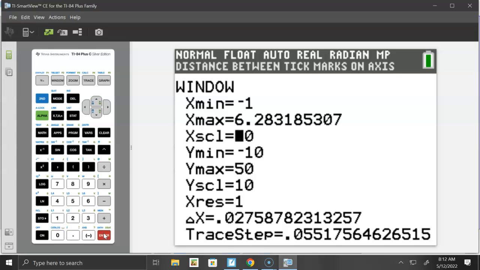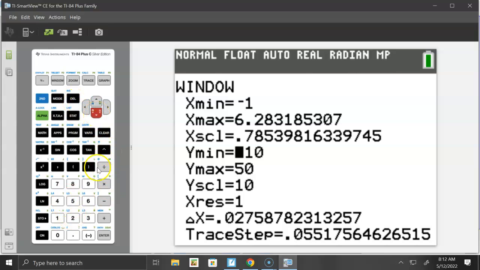I don't know, like pi over 4 or something? Second pi divided by 4. And then we are probably not going to need such a big y. So, yeah, let's just go 5. Not 55.